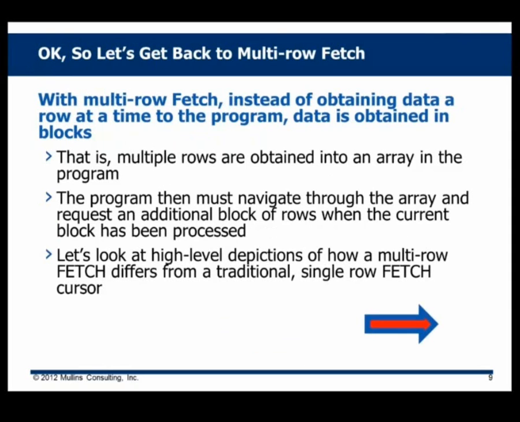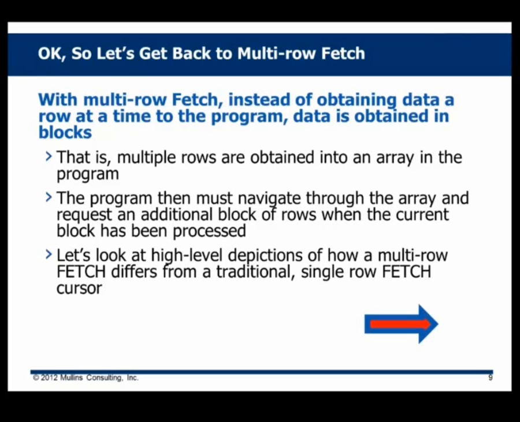If we go back to multi-row fetch, it returns blocks of data instead of a single row at a time. A block consisting of multiple rows gets returned to that program and places the rows into an array. That means that the program has to be coded with that array, and that the data is then accessed by traversing the array in the program's memory.